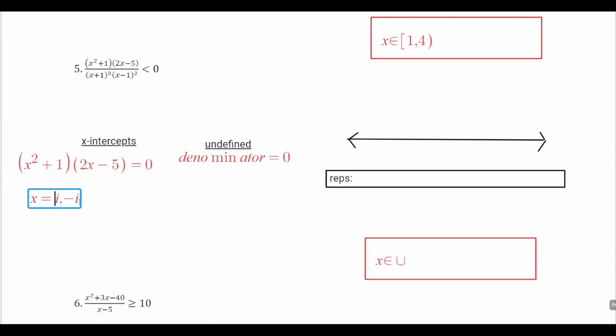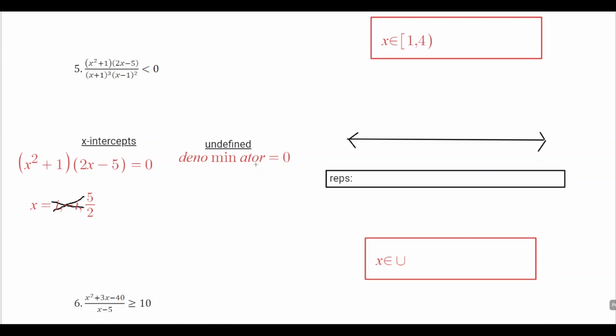So we do get i and negative i, but we don't actually need to include those on our number line. And then the other one would be 5 halves. So we don't need to include these.